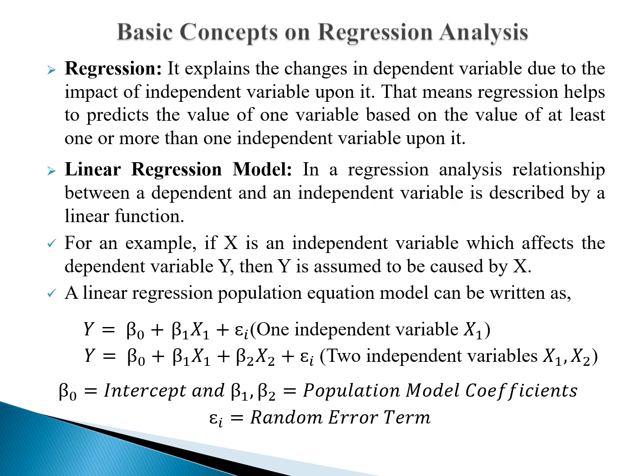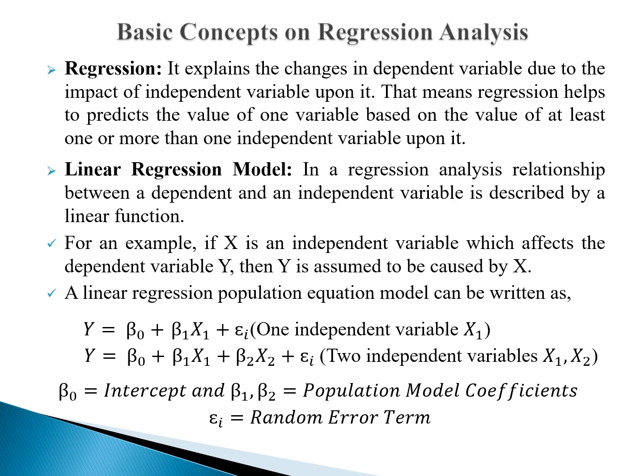Here one important thing to notice is, while we are trying to identify the impact of x1 on the dependent variable y, every other thing remains constant. Similarly, while we are trying to identify the impact of x2 on y, the impact of x1 remains constant, so that we can identify their individual impacts on the dependent variable y.